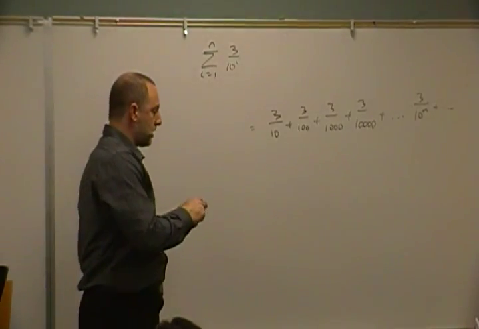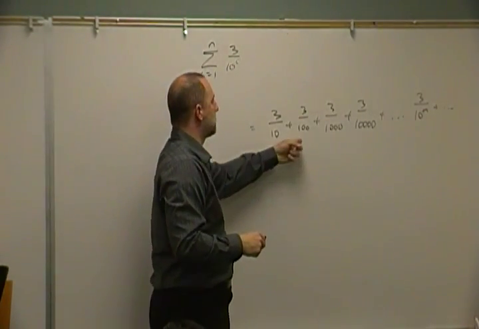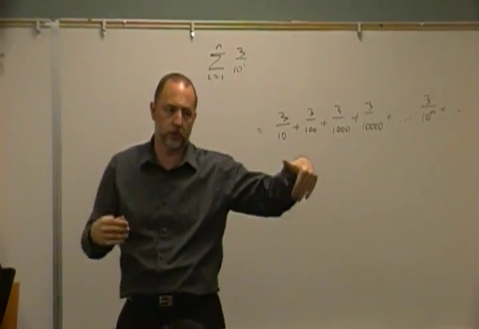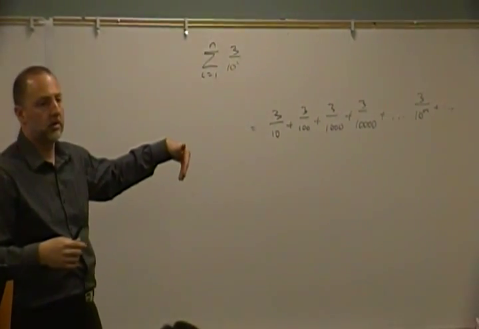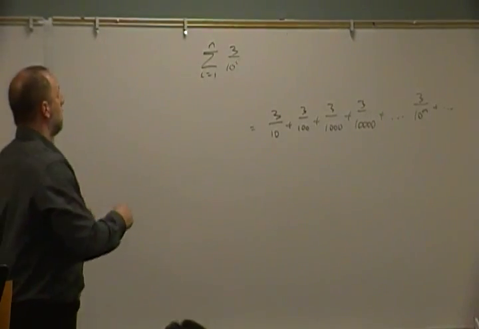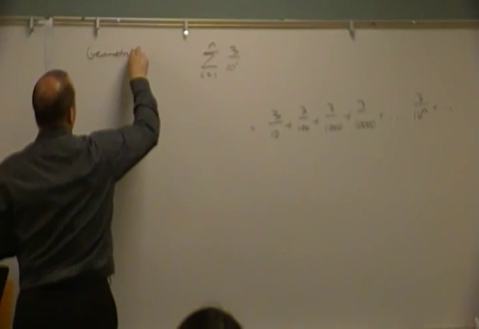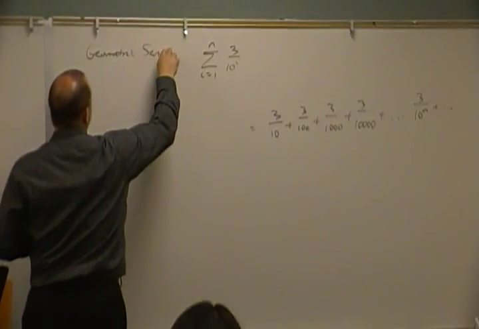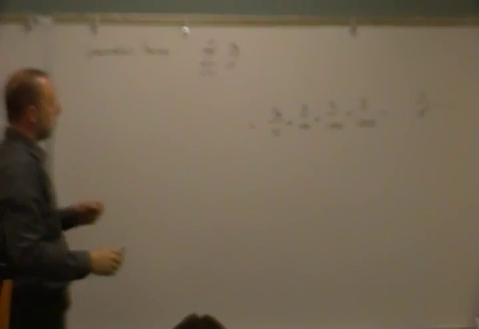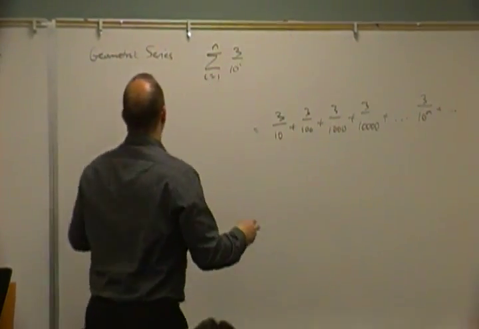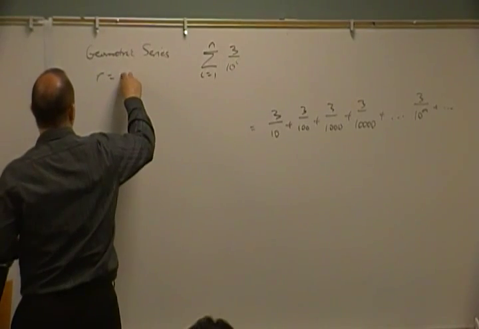Okay, so one of the questions we have, and what kind of series was this called when you have something that's multiplied by the same factor, every term gets multiplied by the same factor? Anyone remember? You had the geometric series. A geometric series is when you multiply each succeeding term by the same exact number, and R is your common ratio.